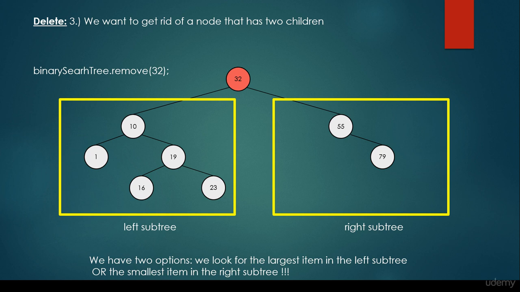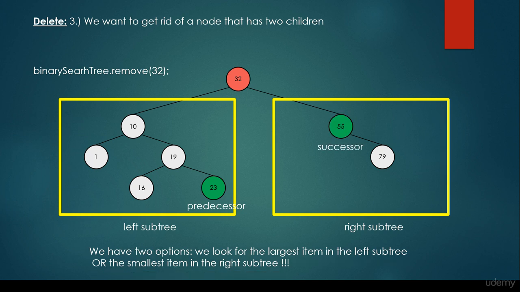Basically, we have two options. We look for the largest item in the left subtree or the smallest item in the right subtree. The greatest item in the left subtree is called the predecessor, and the smallest item in the right subtree is called the successor. We can choose.